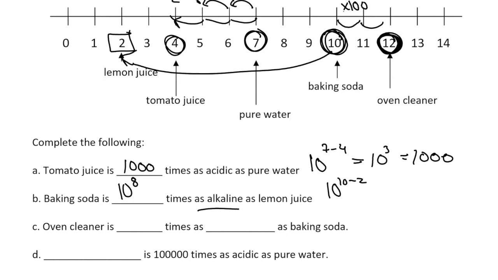So you could say something like this: oven cleaner is 100 times as alkaline as baking soda. But you could also say something like this: oven cleaner is 1/100th as acidic as baking soda. So there's multiple ways to be able to answer this. And so just know that you could answer it either way. Both ways would be correct with that.